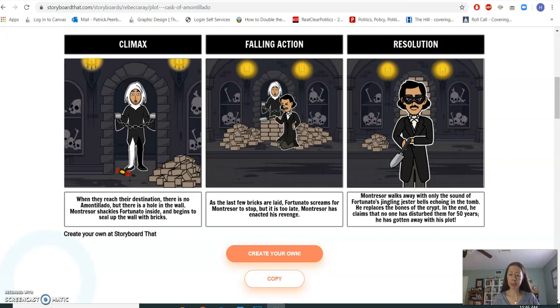Another thing that's really interesting to note about this story is the author's use of setting. So we have this interesting juxtaposition. Remember, juxtaposition is the putting together of two things to create a deeper meaning. So we have this interesting juxtaposition of carnival, where everybody's dressed in costume, everybody's partying, everybody's drinking above ground.